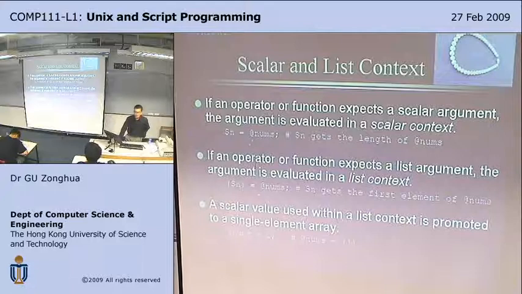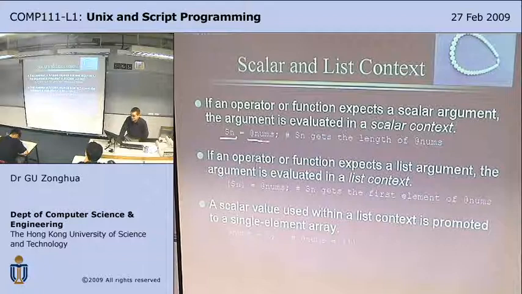If an operator or function expects a scalar argument, the argument is evaluated in a scalar context. So $n gets assigned the value of nums, so $n gets the length of nums.